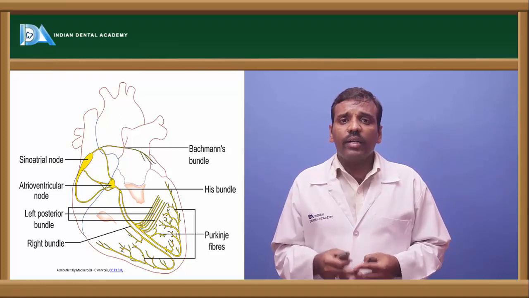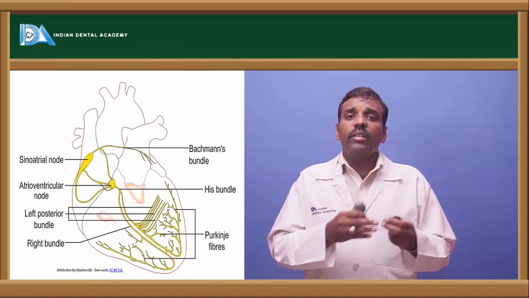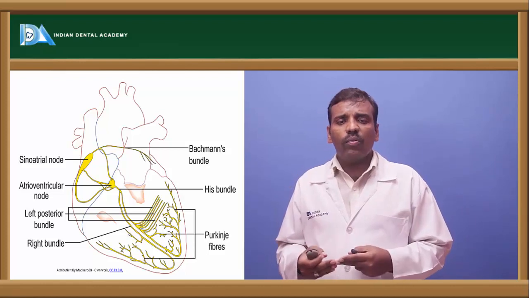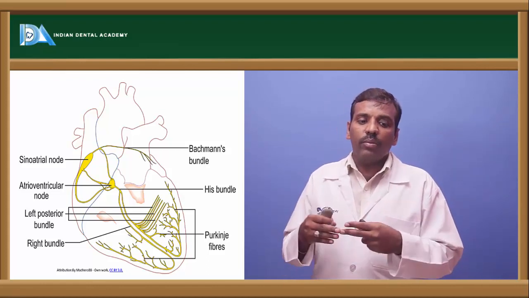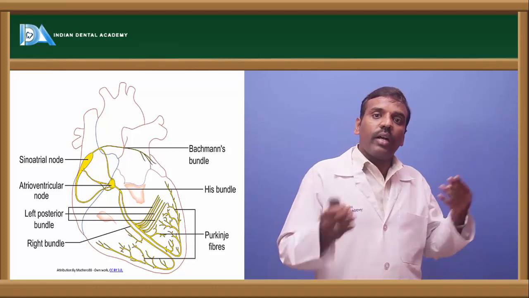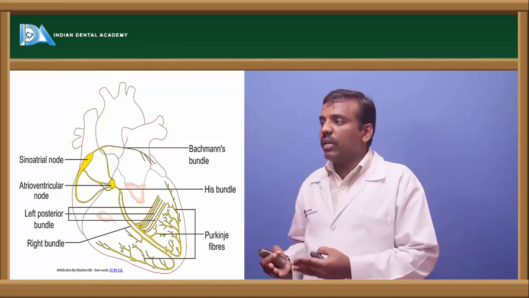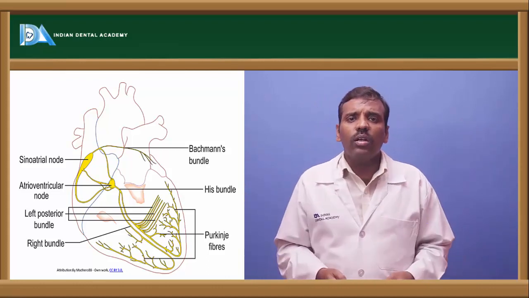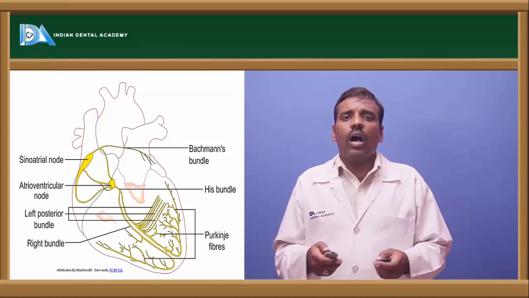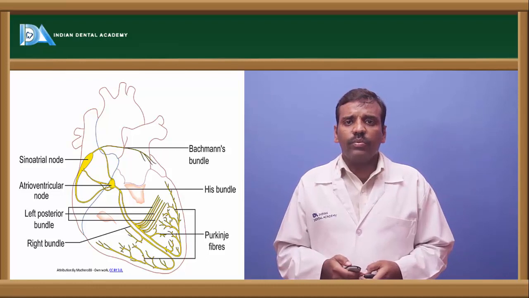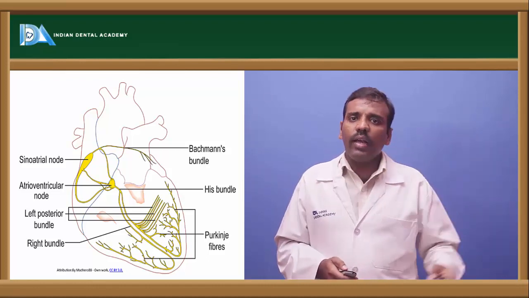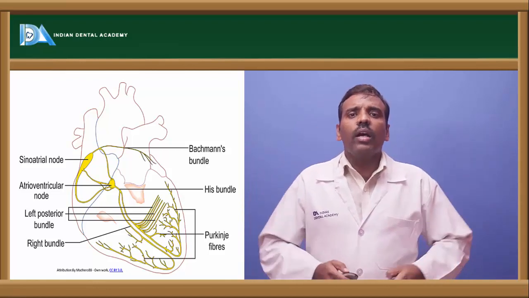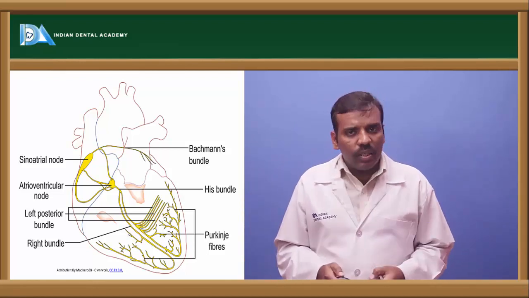The sinoatrial node generates its own impulses, and through the AV node to the bundle of His, to the Purkinje fibers, and by that the left bundle branch, right bundle branch, and His bundle through the Purkinje fibers, and totally it supplies impulses from the SA node to the entire cardiac muscle. That is called the conductive system. It is the conductivity property.